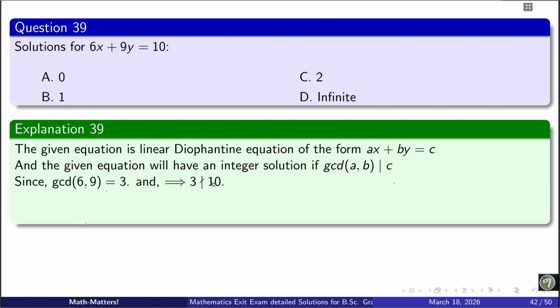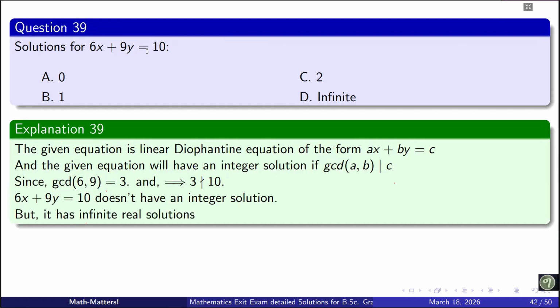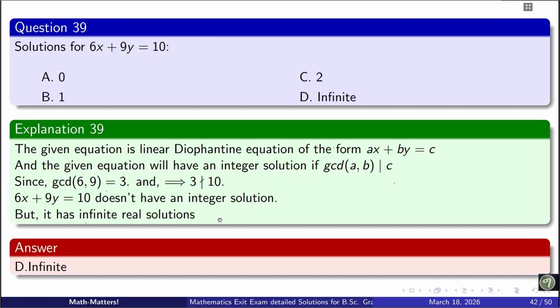So this is a sufficient condition for this linear Diophantine equation not to have an integer solution. That means it doesn't have an integer solution, but the given equation will have infinite real solutions. Therefore, the answer is D, infinite real solutions.